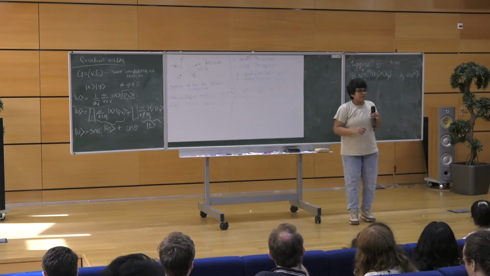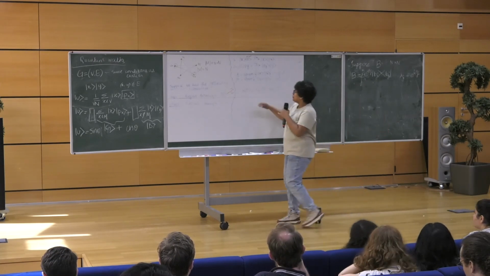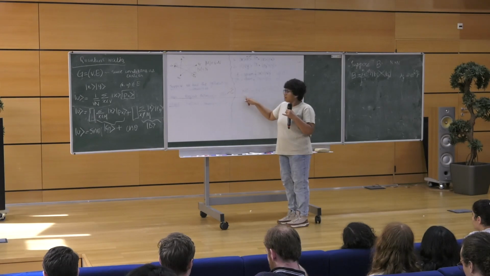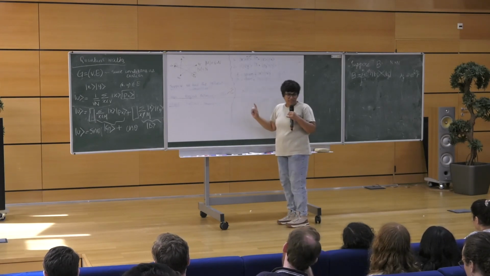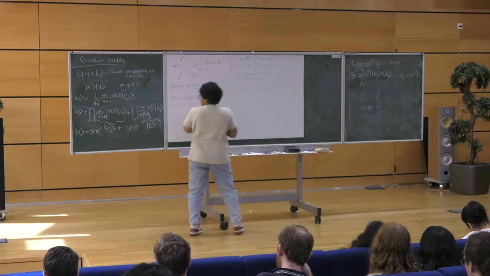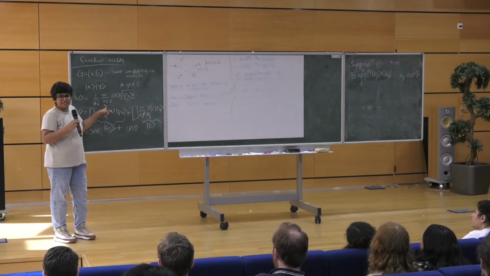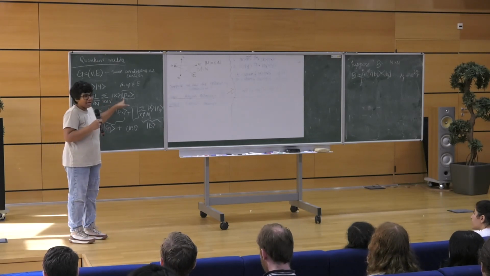Now let me first prove that for this U and for this matrix WP, U is an eigenvector of WP with the eigenvalue 1. What is U? U has a superposition of all edges. It has all the vertices x and its neighbors.